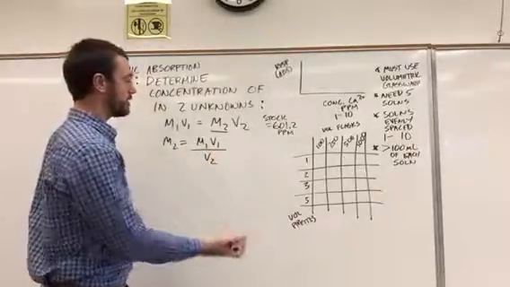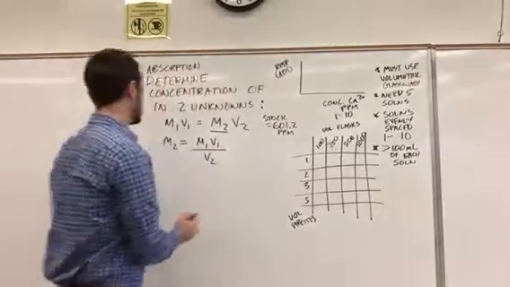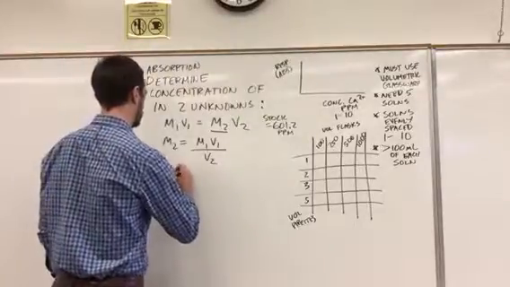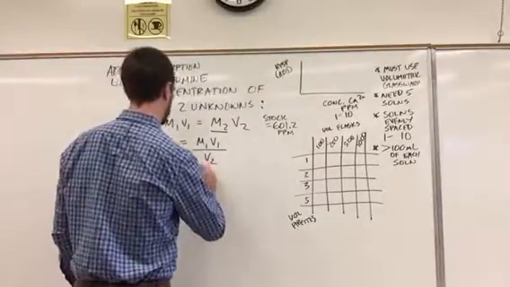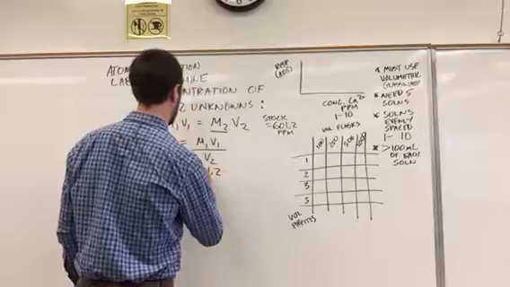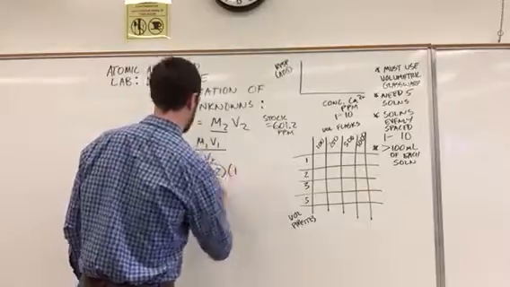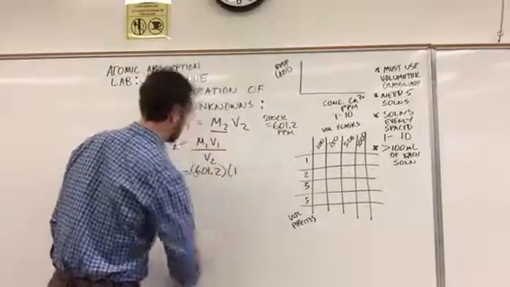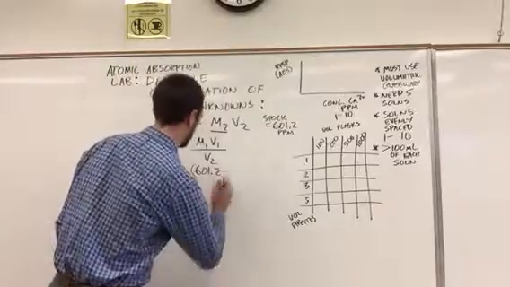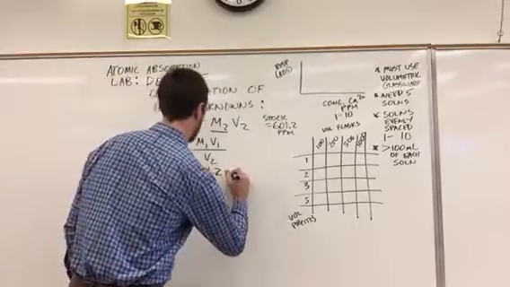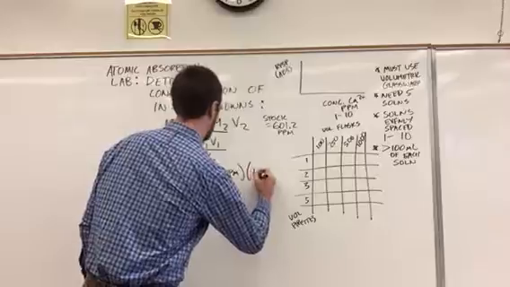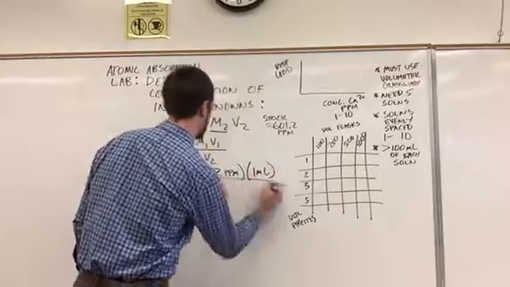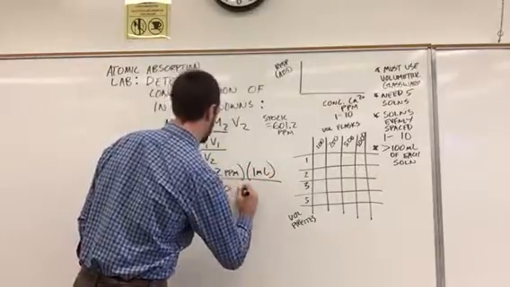And so if we draw this out for the first, we see that M2 is equal to 601.2 times 1 milliliter over 100 milliliters.